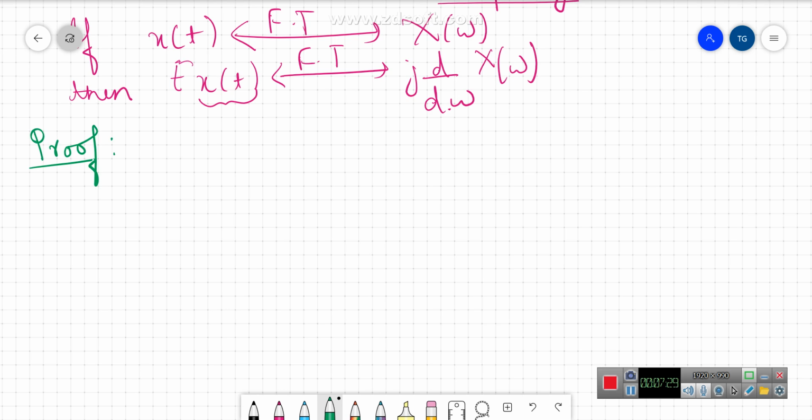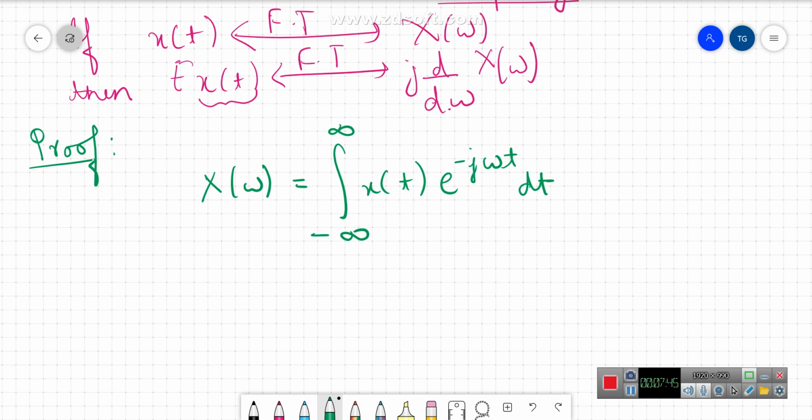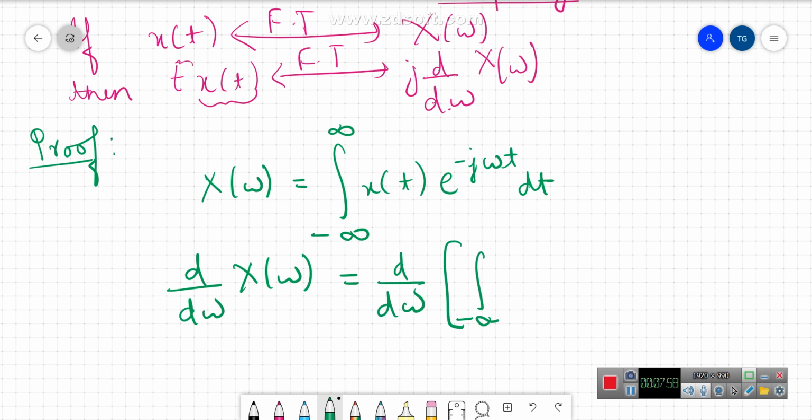by definition of Fourier transform, we can write X of omega is equal to integral from minus infinity to infinity of x of t e to the power minus j omega t dt. So now differentiating with respect to omega on both sides, that is d by d omega X of omega, and here it will be d by d omega of the integral from minus infinity to infinity of x of t e to the power minus j omega t dt.